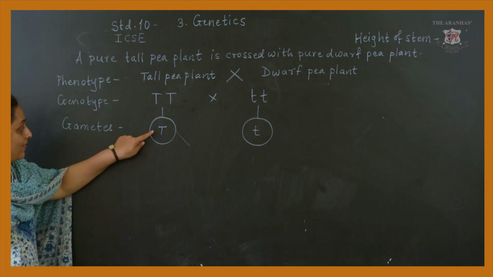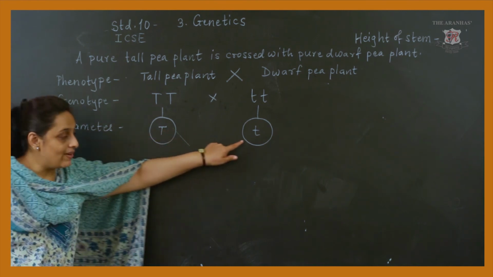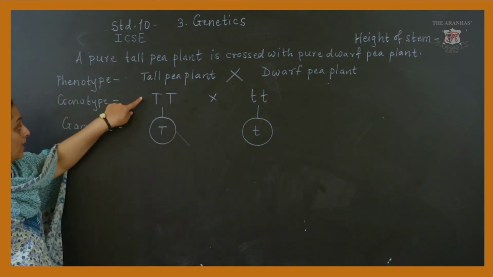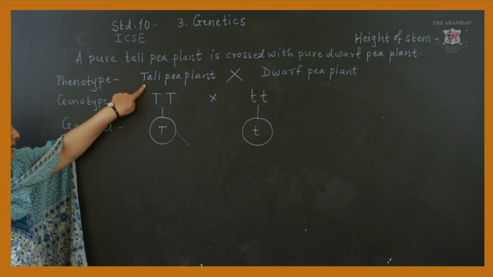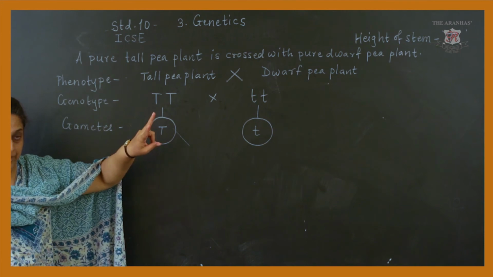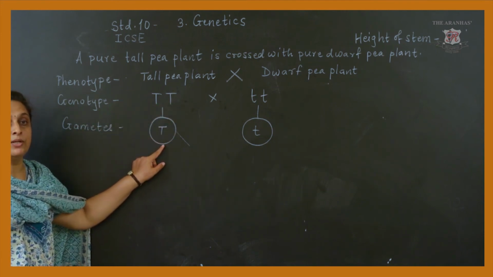So, I have written capital T singly as well as small t singly, because tall parent had 2 genes for height, but out of the 2 genes only one comes into the gamete.